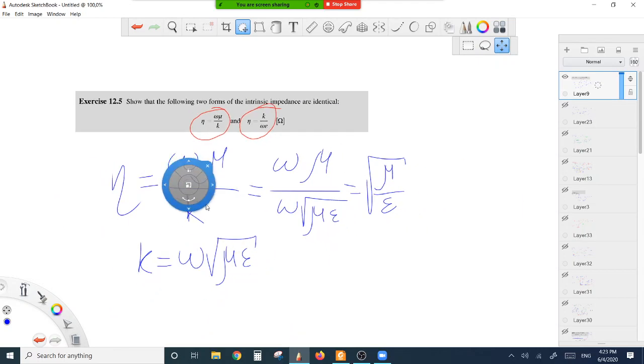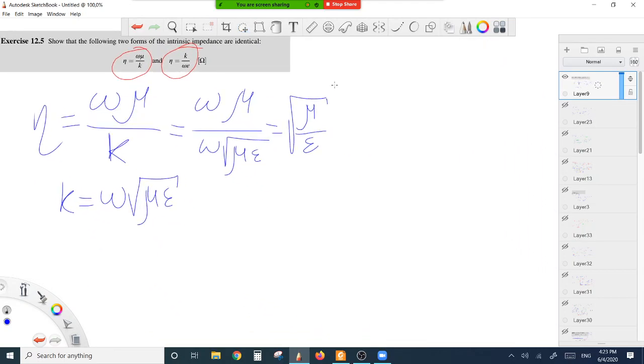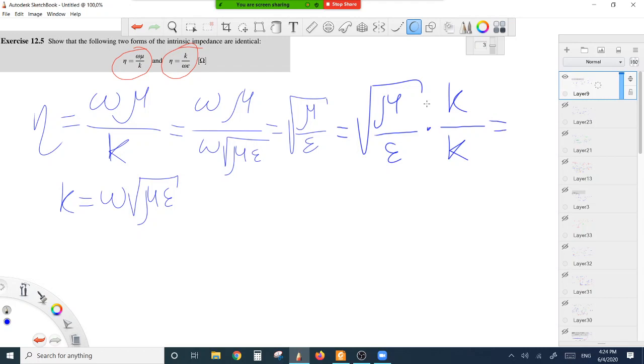So we take mu over epsilon and we multiply by k, divide by k, and so let's write mu epsilon multiplied.